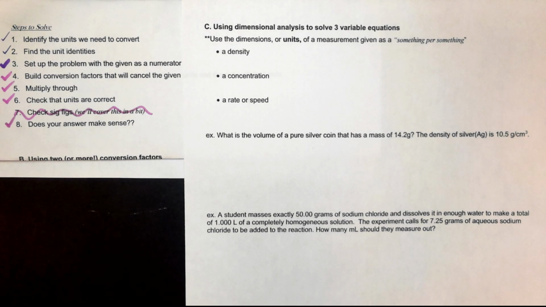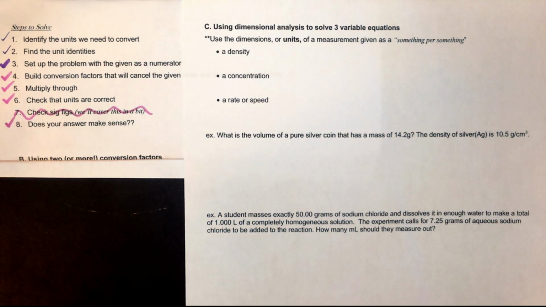The last type of dimensional analysis problem we're going to look at in this unit is using dimensional analysis to solve three variable equations. Now, sometimes our unit is what we call a derived unit, which means it is something per something.